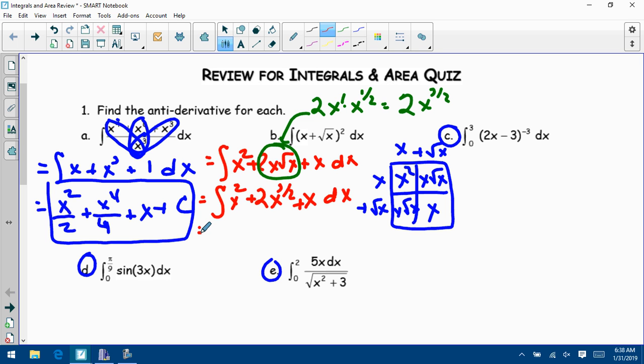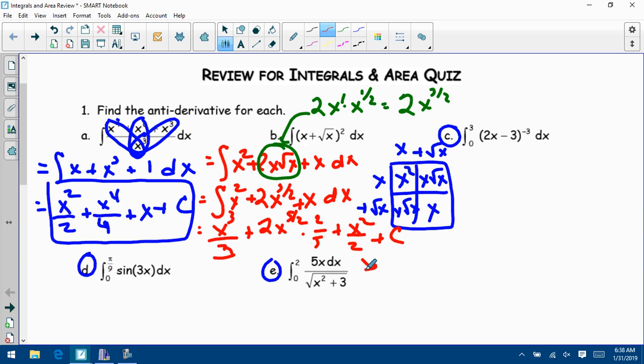Now it should be fairly super easy. x squared becomes x cubed over 3. 2x to the 3/2 is going to be plus 2x to the, add 1, 5/2 over 5/2, or times 2/5, plus x squared over 2 plus c.